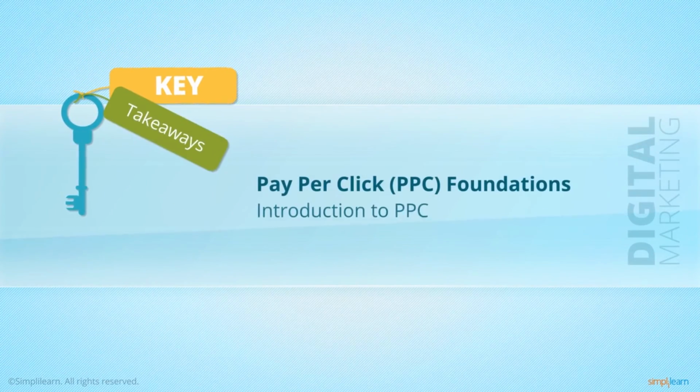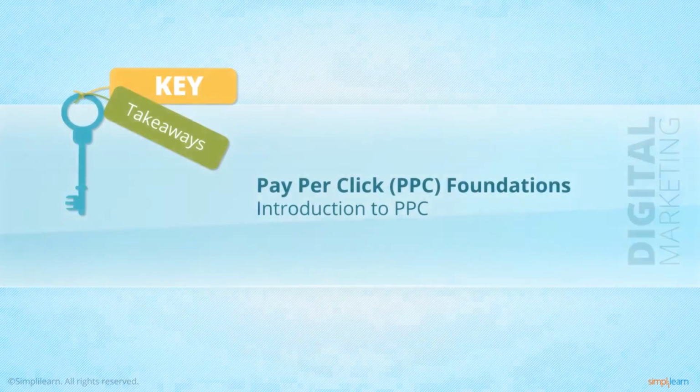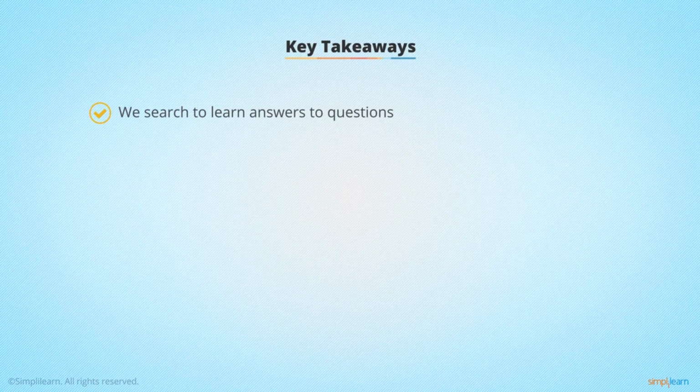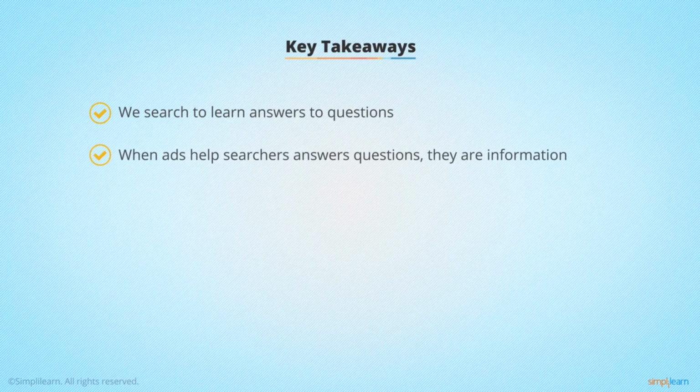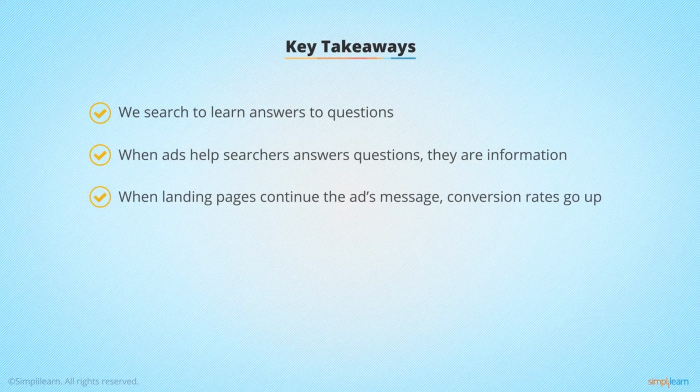So to recap how we search: we search to learn answers to questions. That's why we search in the first place. So an ad can help answer the question, telling a user they can get their information from you. These are ads in essence, but they're really pieces of information. And that ad, often the first brand experience with someone, leads to your landing page, the first page someone sees after clicking on an ad and going to your website, your first real brand experience on your site.